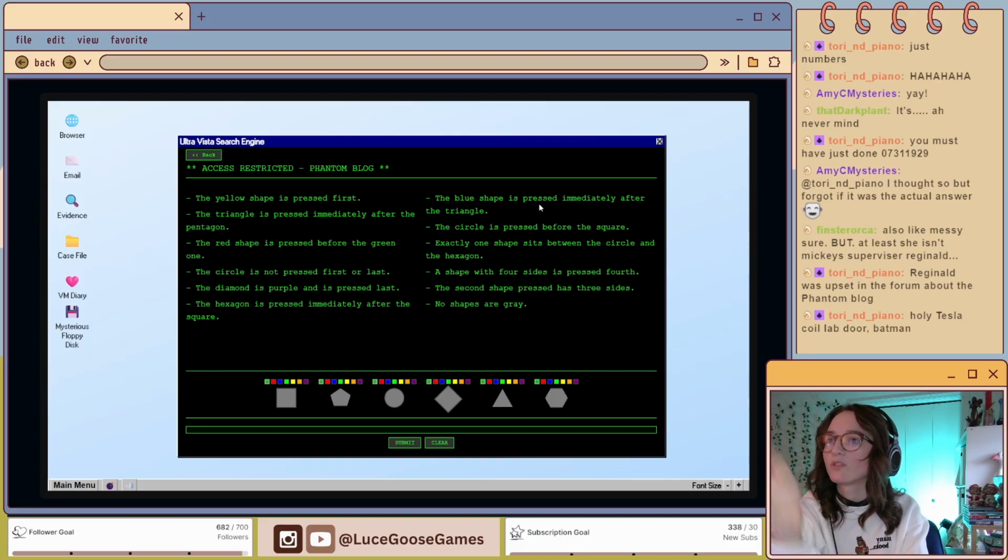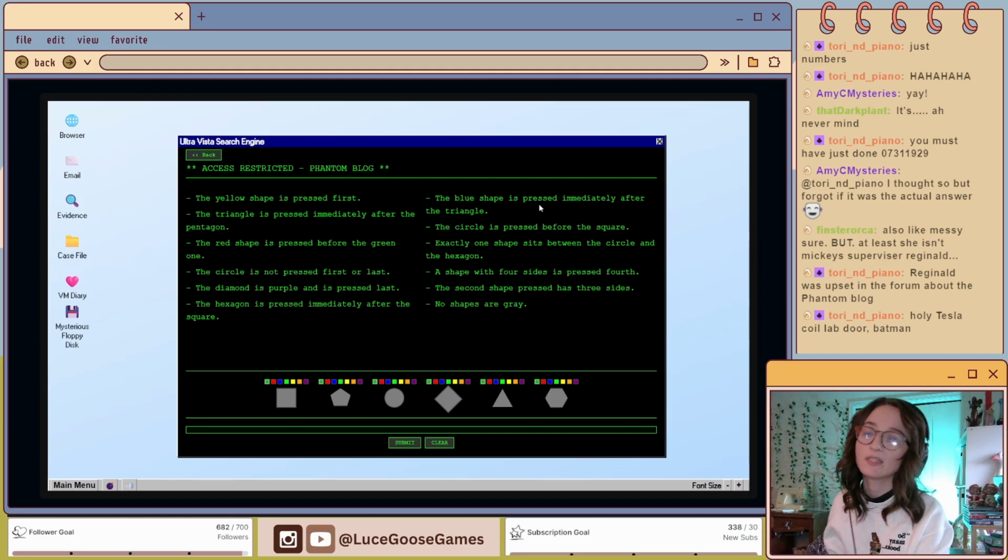Pentagon comes before the triangle. Then after the triangle is the blue shape. Circle is pressed before the square. So circle has to be either third or fourth in the sequence.